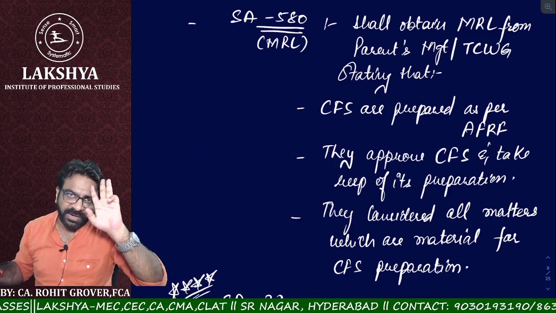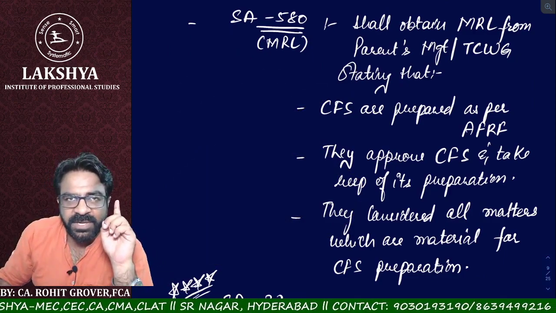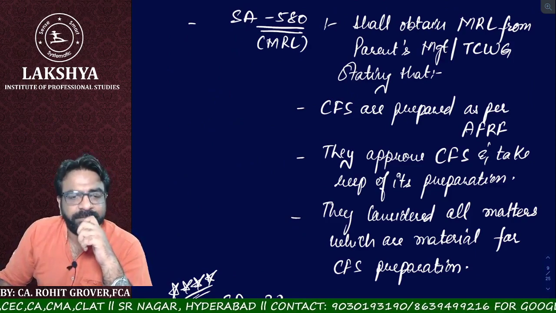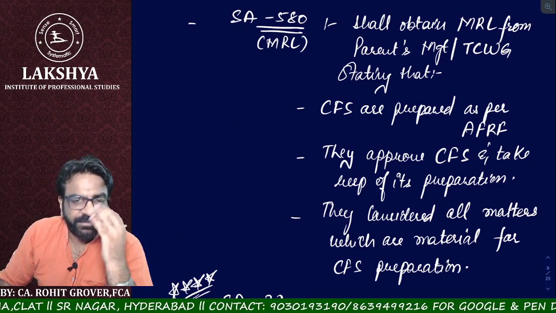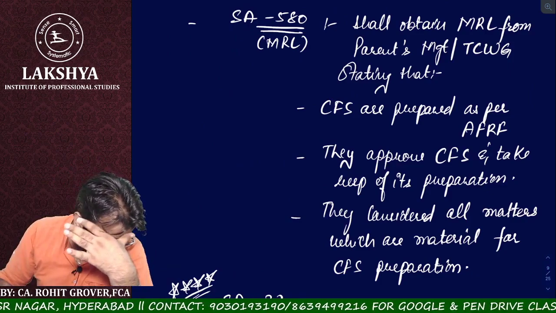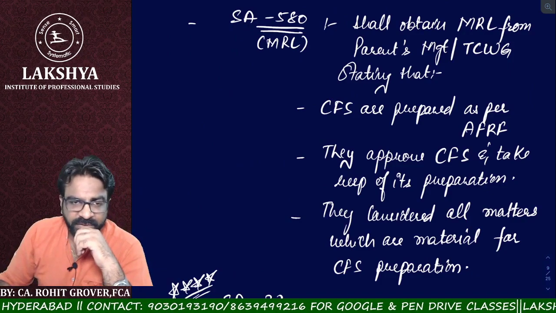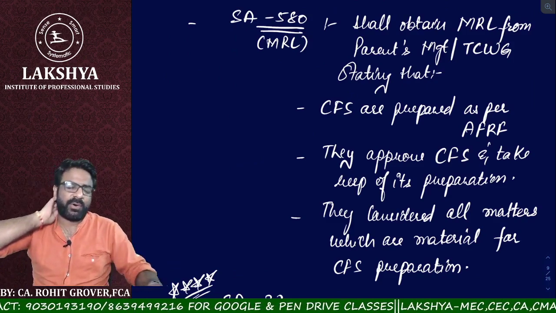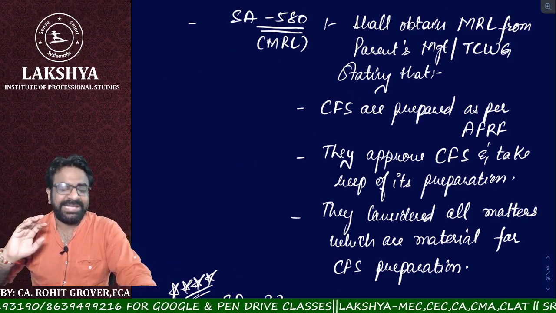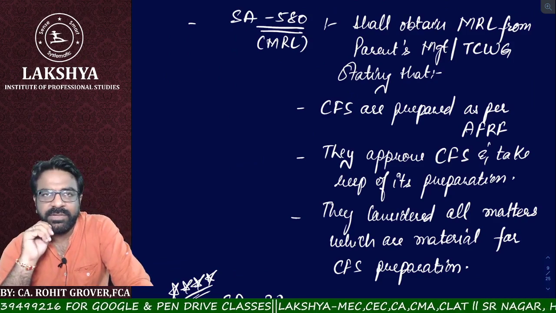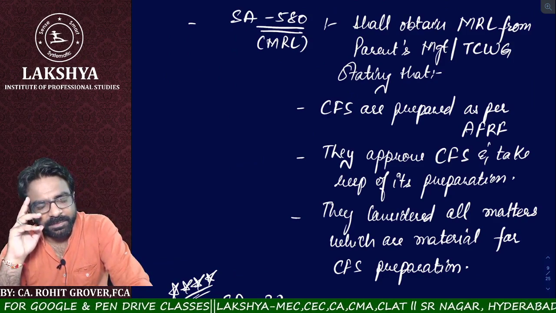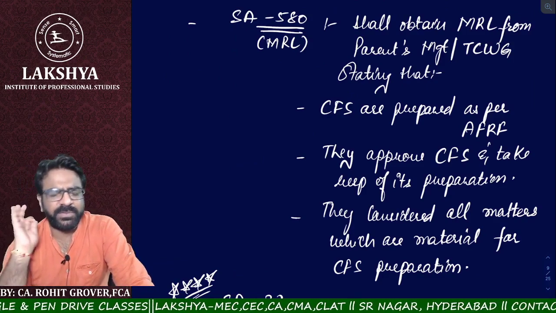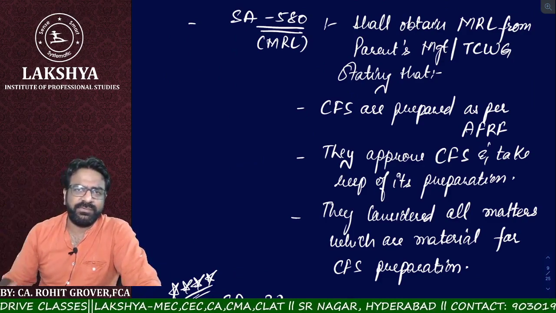We have prepared the consolidated financial statements as per the AFRF. Second one, while preparing the financial statements, all the important or material elements have been taken care of. And third one, that they take up the 100% responsibility of preparation of the financial statements.